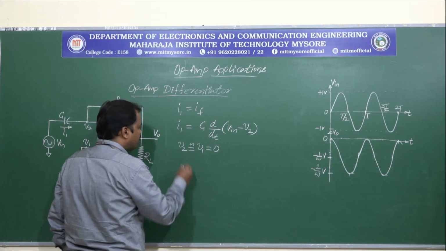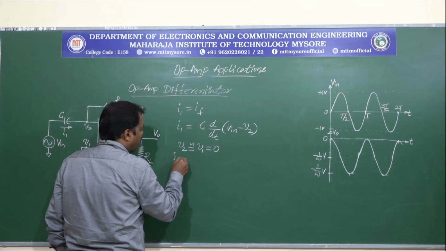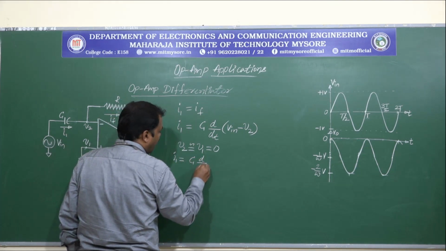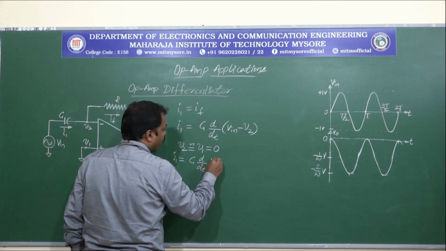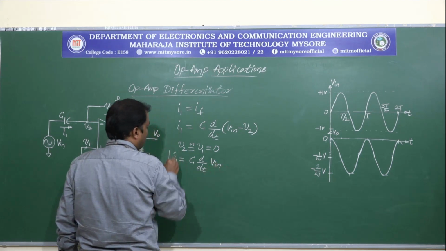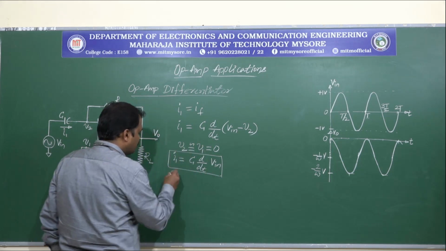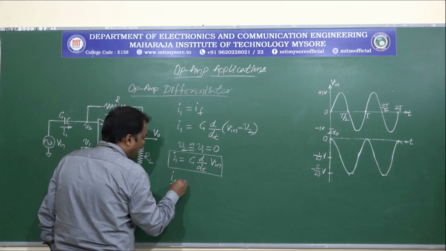So V2 is going to be 0. So I1 is equal to C into d by dt of Vin.